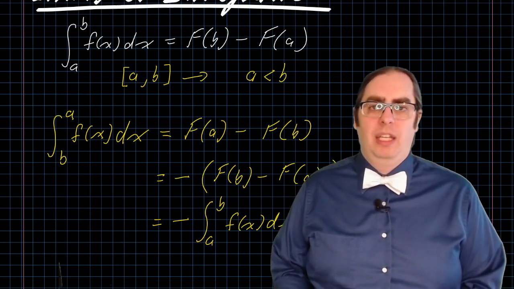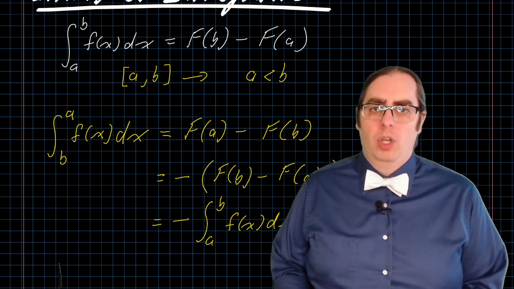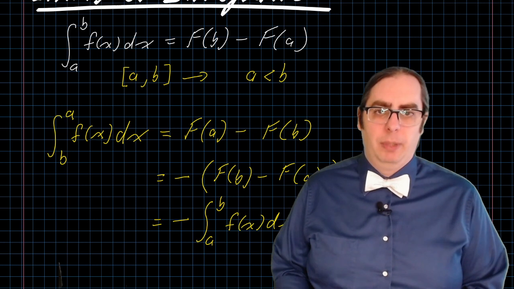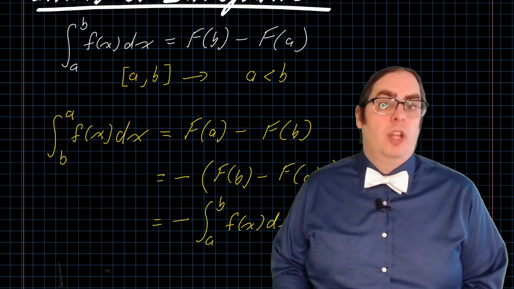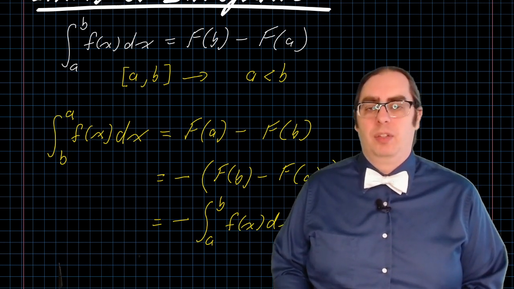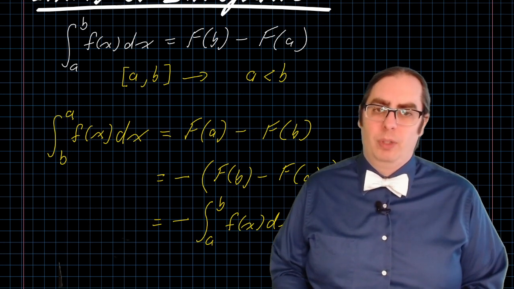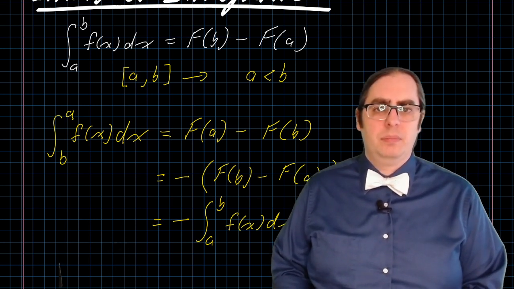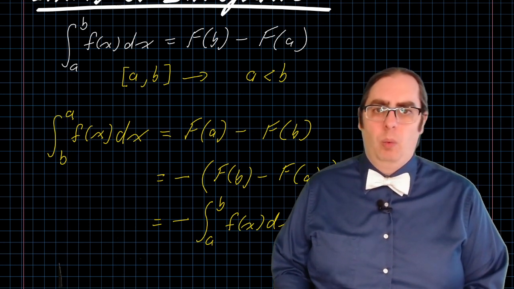There is nothing inherently that requires the lower limit of integration to be smaller, the upper limit of integration to be larger. When it's not the case, we say that the limits of integration are degenerate. It's one of several ways we can have degenerate limits of integration. And we move on from there.